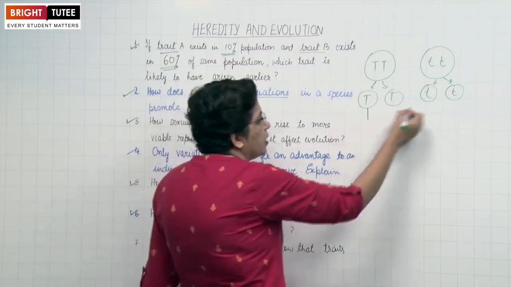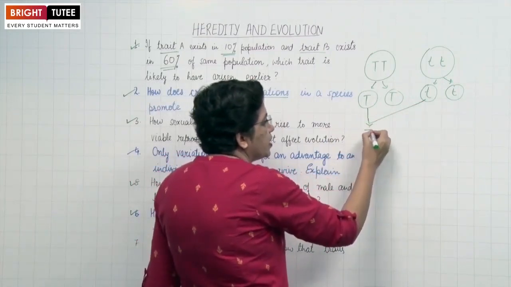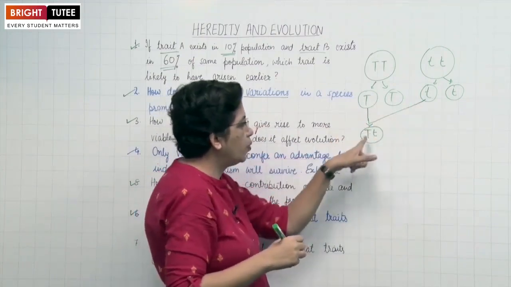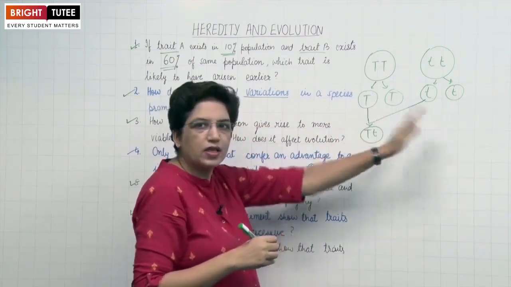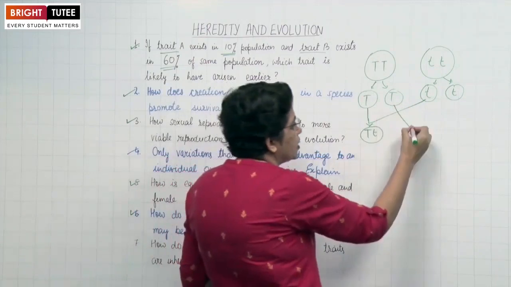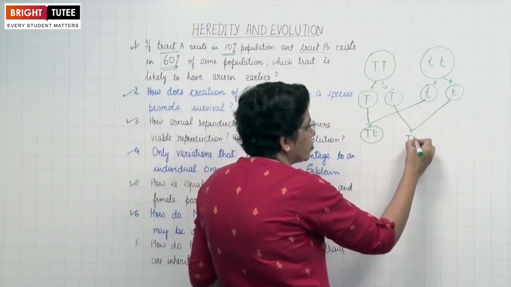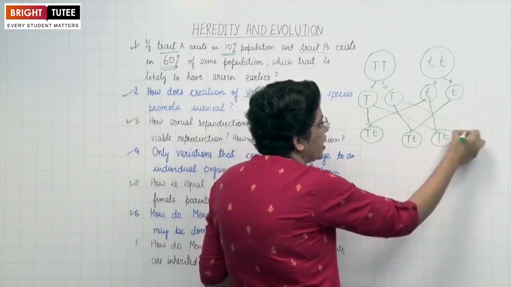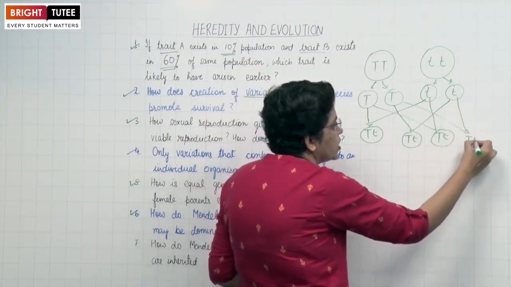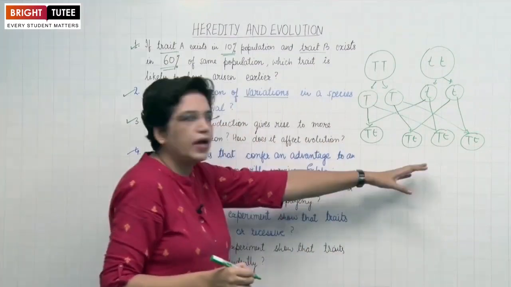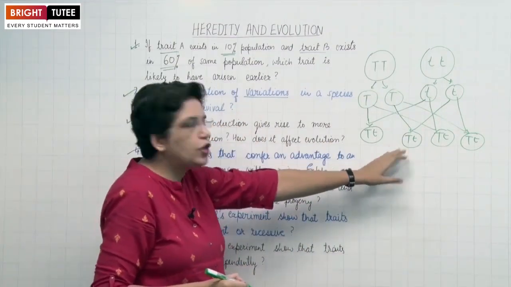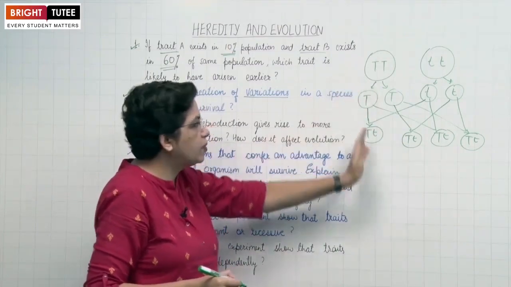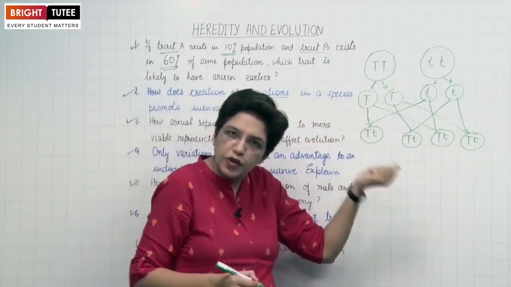How does it happen? If you crossbreed them, it will be one capital T and one small t from each parent. If you make all types of combination, you will notice all of them have similar chromosomes containing one capital T and one small t, one from the male parent and another from the female parent.